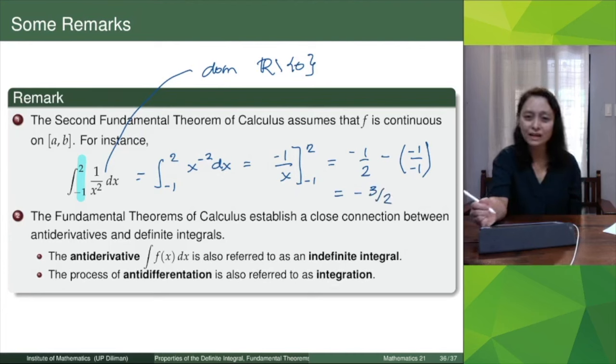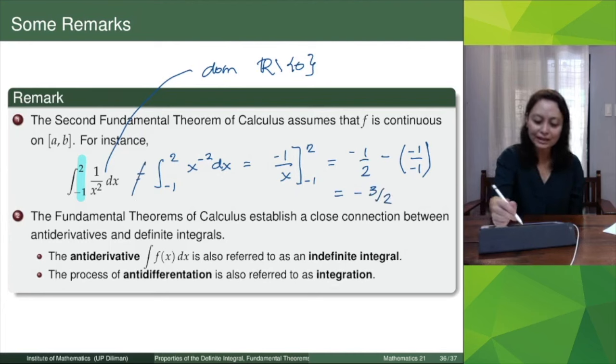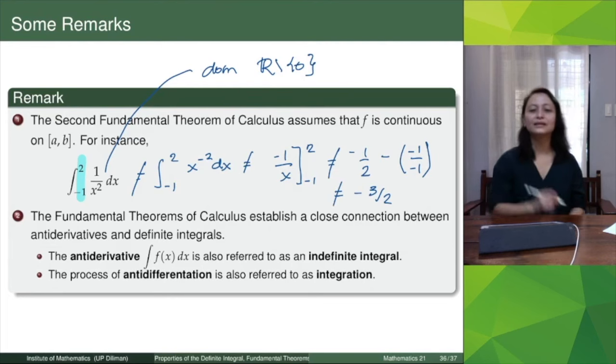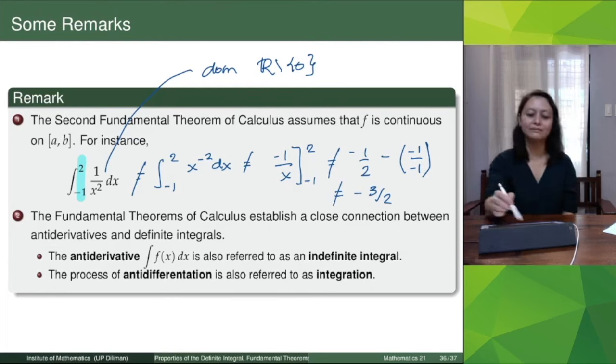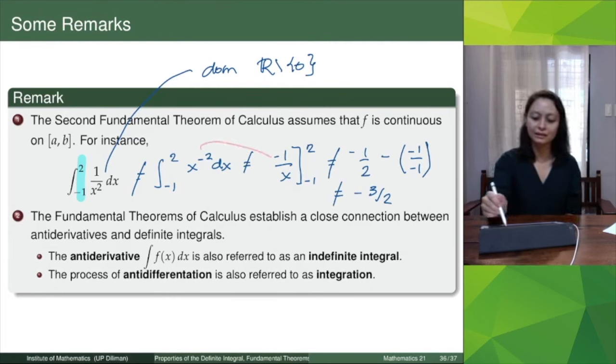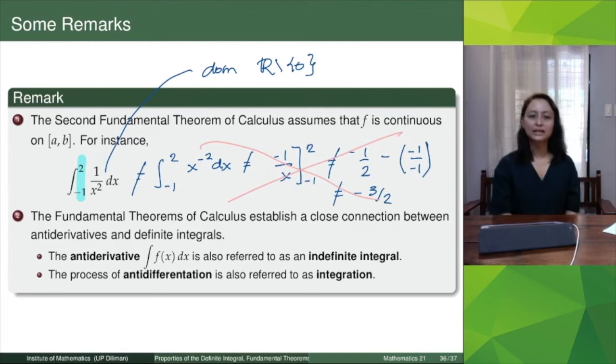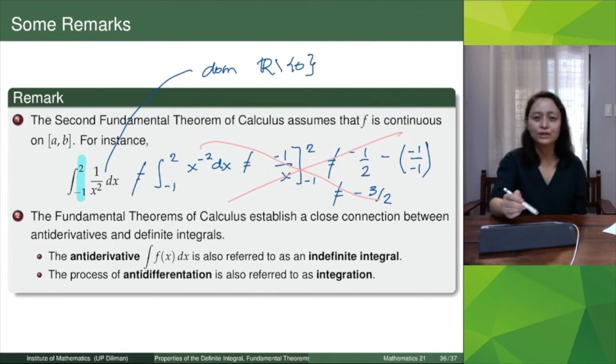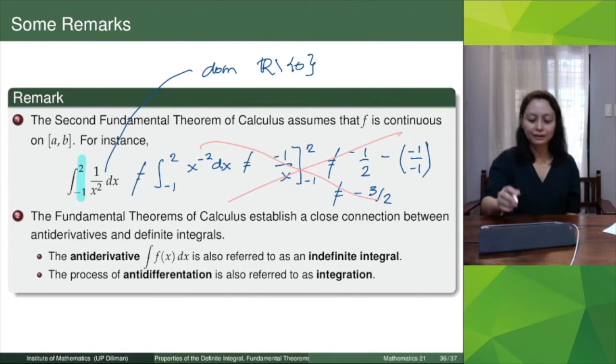So, may nakuha tayong value. But actually, hindi yan equal. Okay? So, mali. Mali ito. Kasi nga, hindi continuous yung function natin from negative 1 to 2. Okay? Sige. So, if you notice, ito pa, yung fundamental theorems of calculus establish a close connection between antiderivatives and definite integrals.